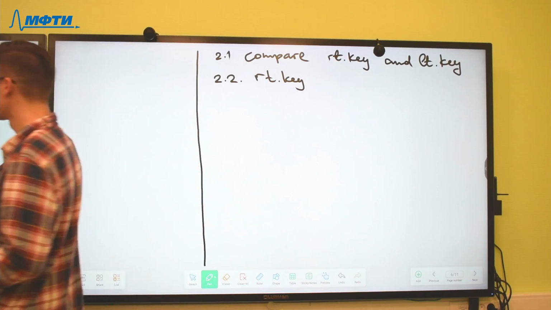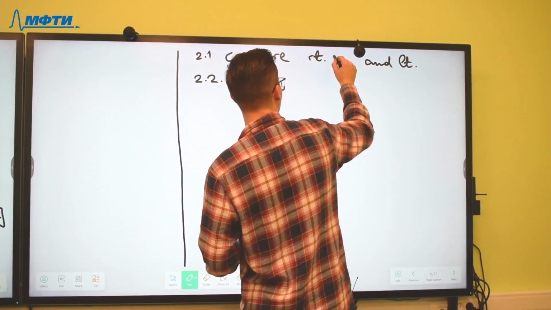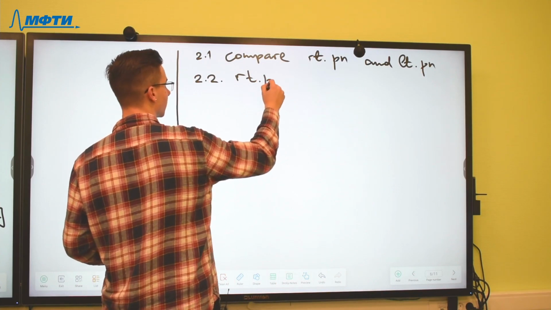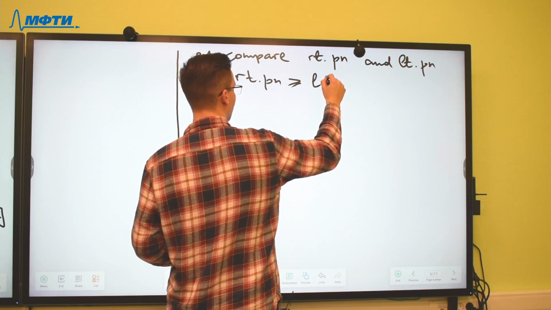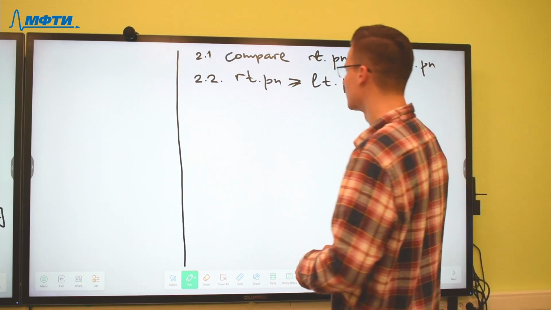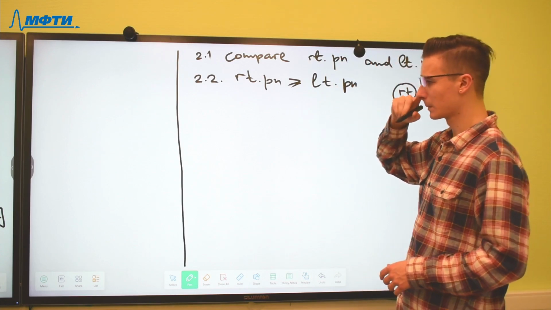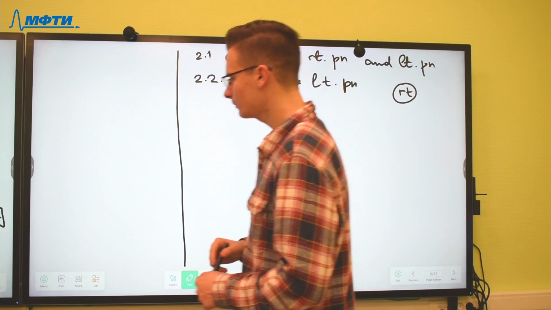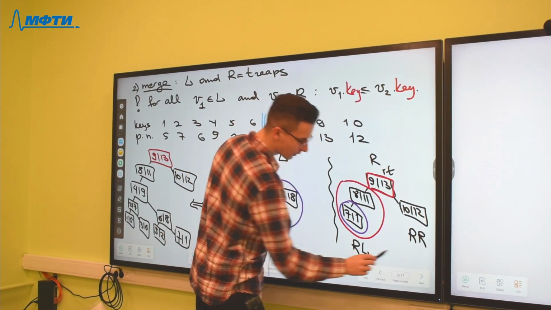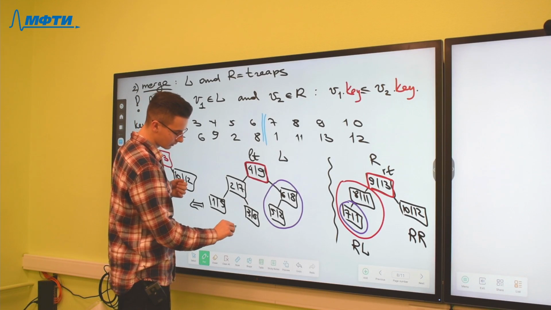Firstly, we compare these two priority numbers. And if the right priority number is bigger or equal to the left priority number, it means that RT will be the root of the new treap. And I name its parts RL, RR, and L.